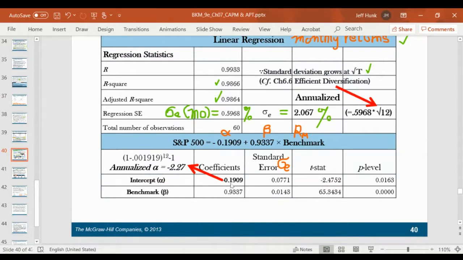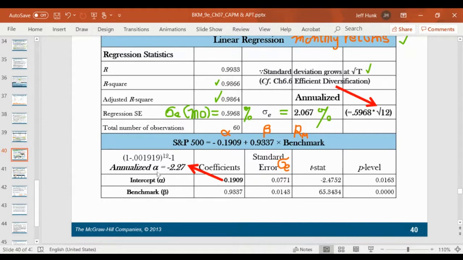So alpha is monthly like negative 0.1909, right? And don't worry about it. If the alpha is negative, we simply need to apply the weights in reverse, and we will always have positive alpha, right?